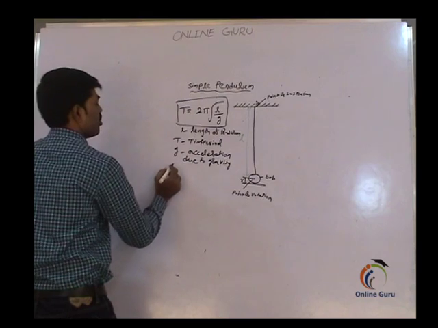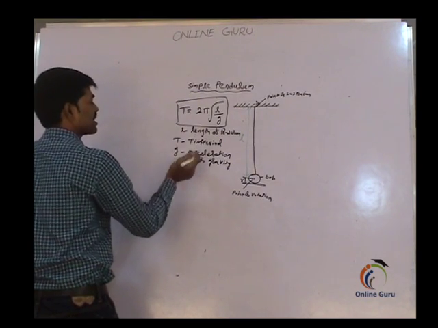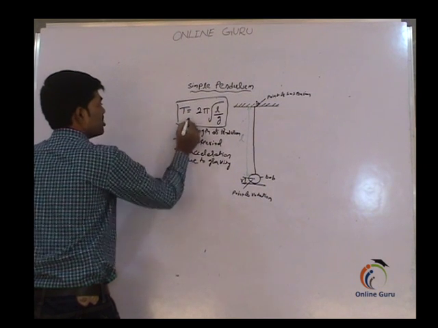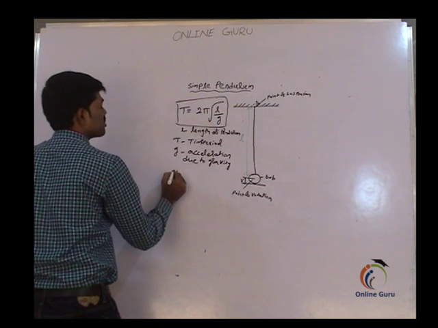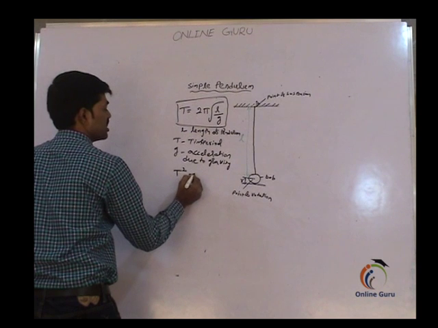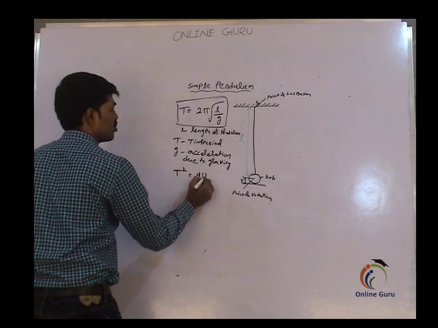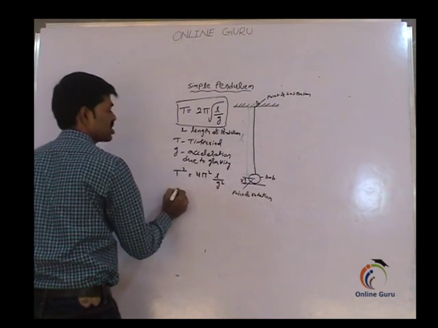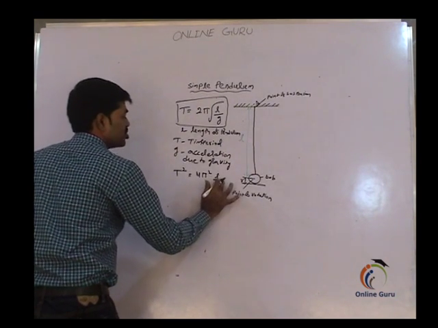By this we can determine the acceleration due to gravity at a place. Squaring both sides, we get T squared equals 4 pi squared L by g. Then g is equal to 4 pi squared L by T squared.